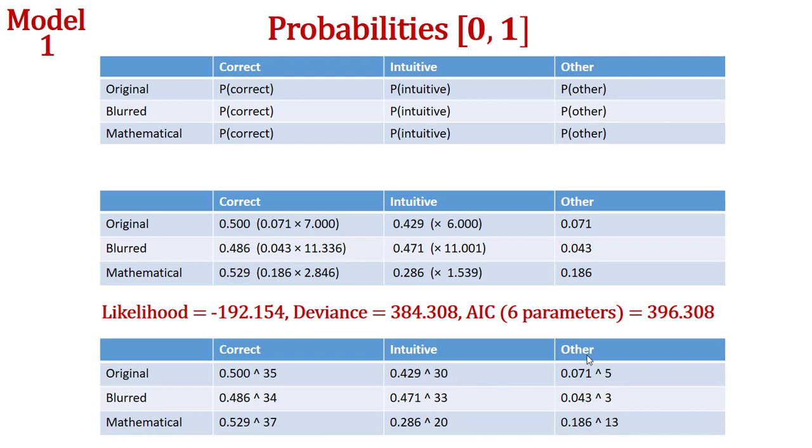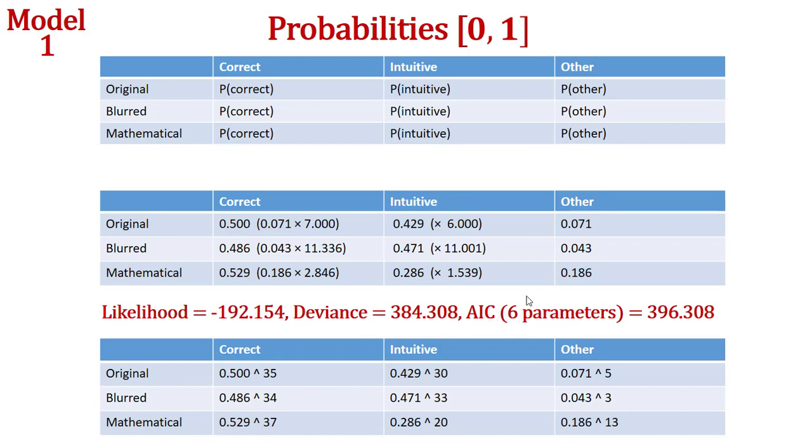And for the 5 that obtained other, the likelihood was much smaller, 0.071. We have to multiply that 5 times. We multiplied everything, and then we obtain the logarithm of that, and that's this value, minus 192.154. Then we obtain the deviance by multiplying this by minus 2.